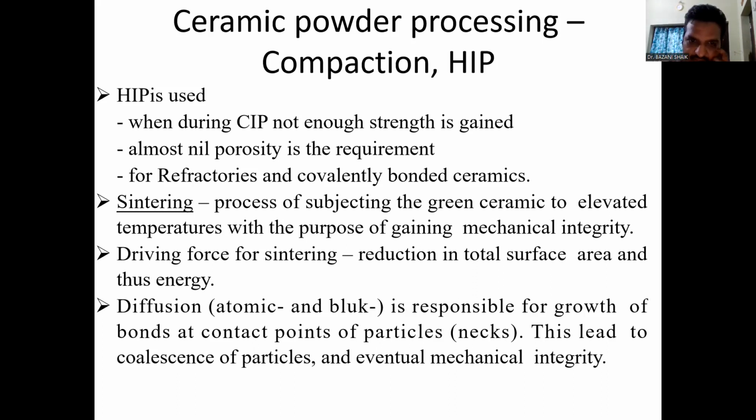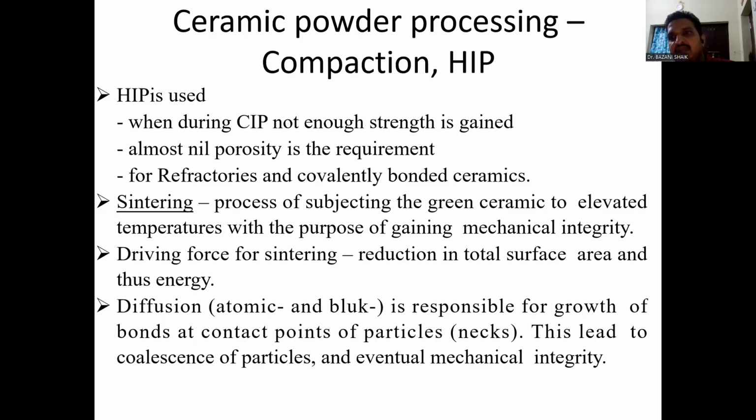And coming to diffusion, atomic and bulk diffusion is responsible for growth of bonds at contact points of particles. These all are related to different mechanical units. This shows the main relation between the conditions satisfied.